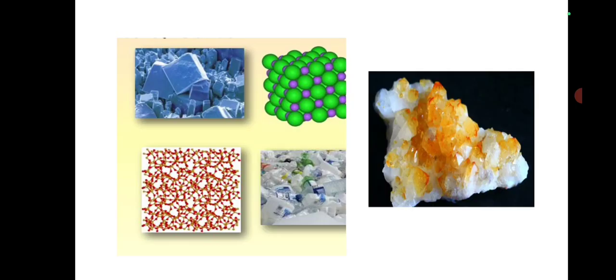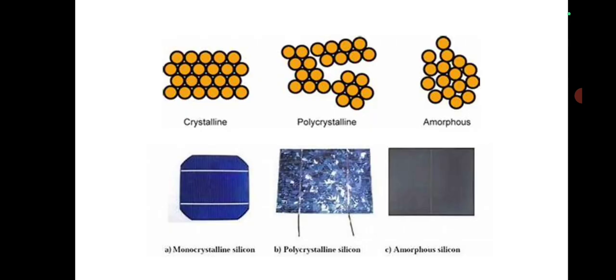So here you can see a photograph. Crystallized means the mineral occurs in well-defined crystals and the crystal faces are all very clear and perfect. Cleavage is also perfect and the atomic arrangement is also perfect. Whereas the second one, crystalline, means when well-defined crystals are absent.